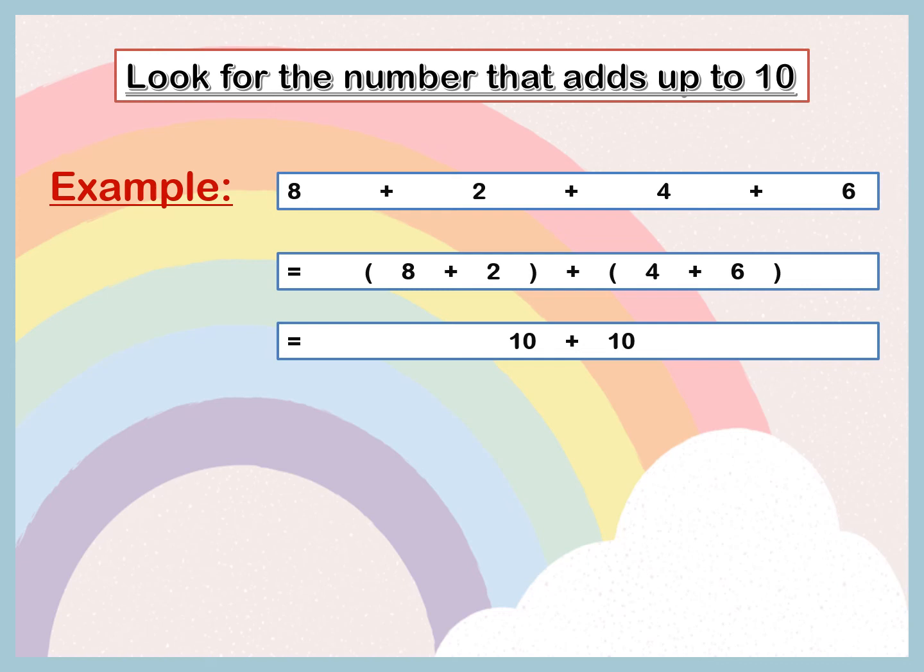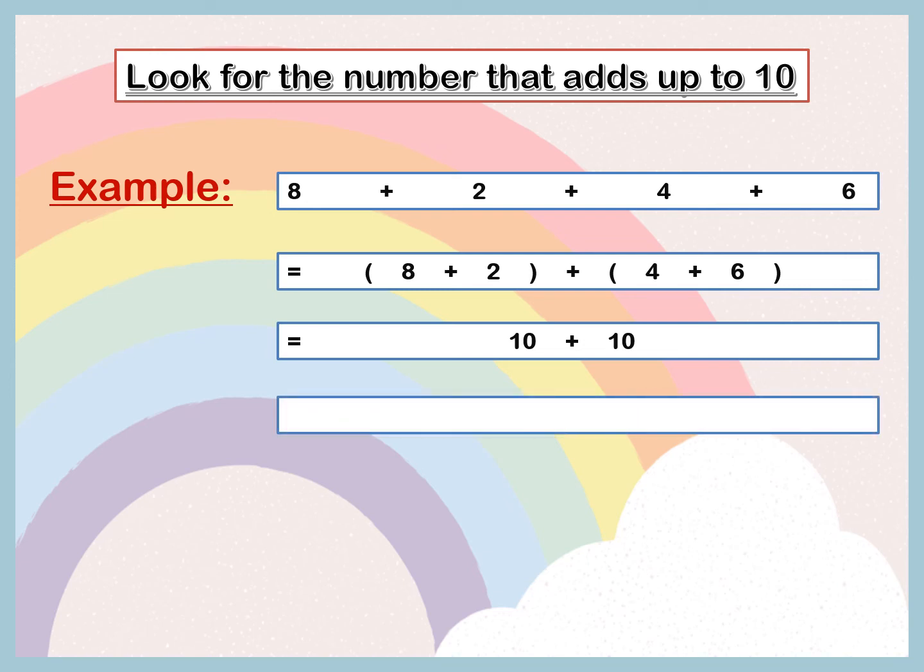Great job! So these are the numbers that, if you add, you will get 10 as the answer. So 10 plus 10, what's the answer, kids? It's very easy for you. Ready? Yes, it's 20. 10 plus 10 equals 20.